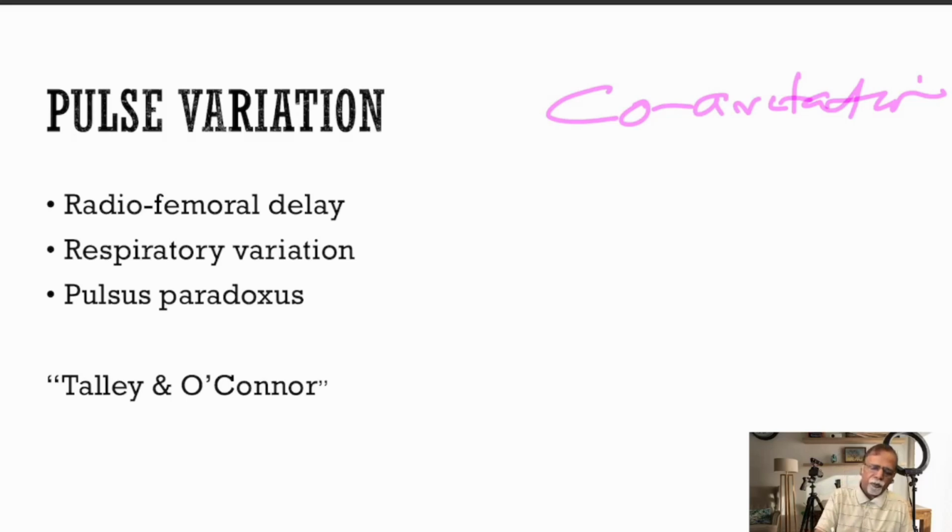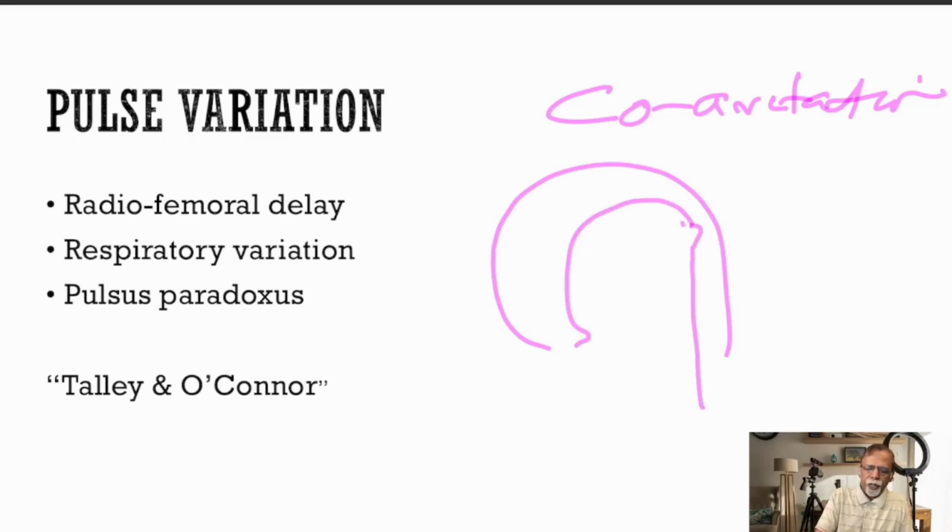So what is happening in coarctation? Take this as the aorta. There is a narrowing of the aorta. So what happens? The pressure wave passing through the arterial wall gets delayed after the coarcted part.